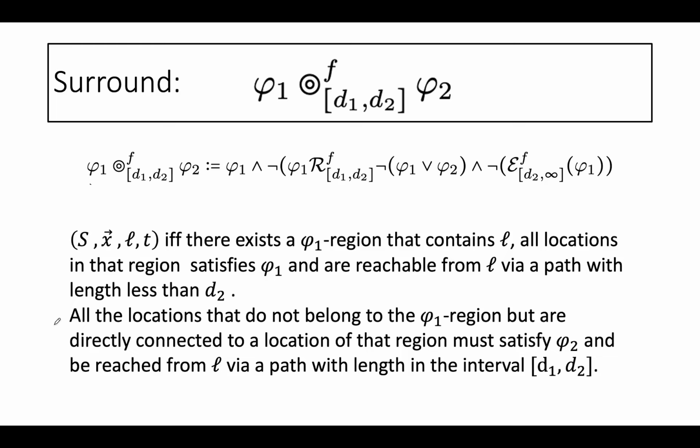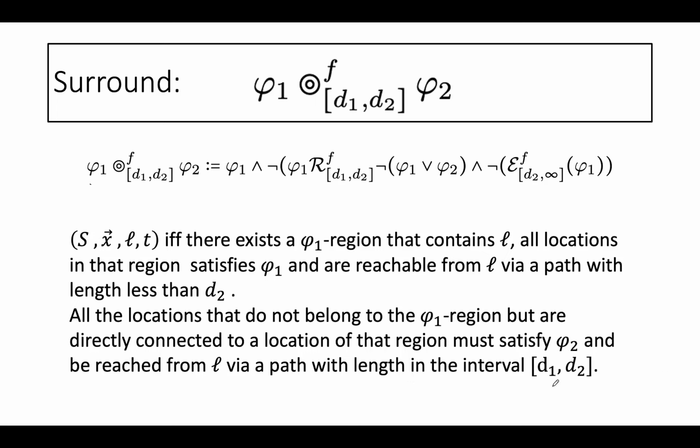And then we say that all the locations that do not belong to this phi1 region but that are directly connected to a location in that region must satisfy phi2. And we have then the metric constraint that says that all these locations that are directly connected with some location that belongs to phi1 must be reached from L via a path with length in the interval d1 and d2.